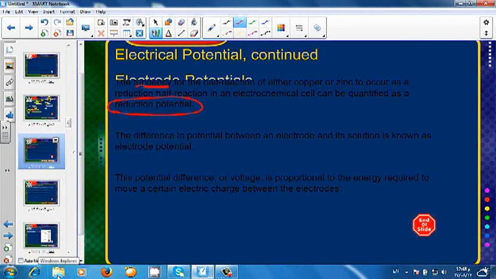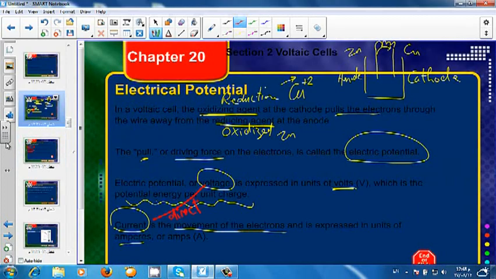The difference in potential between an electrode and its solution is known as the electrode potential. So don't mix up the terms now. We covered the term in the previous slide, which was the electric potential. What is the electric potential?